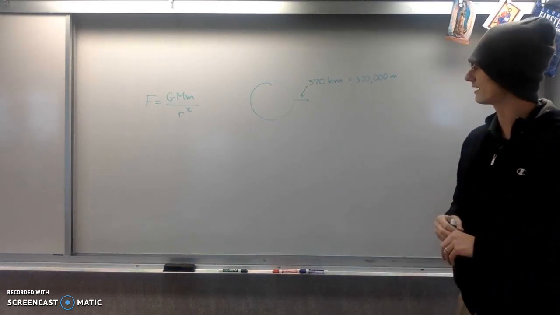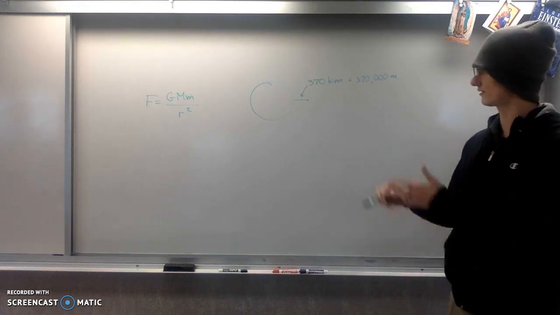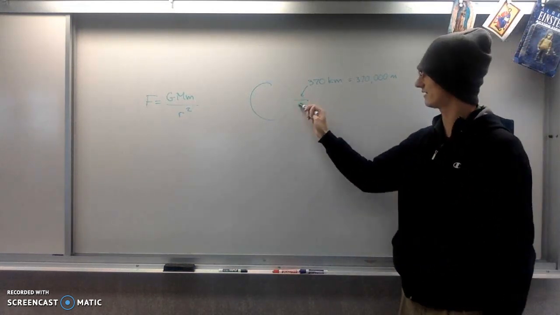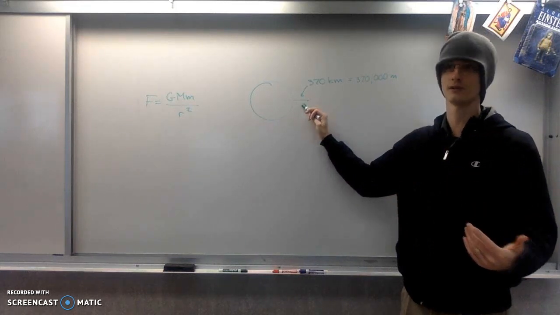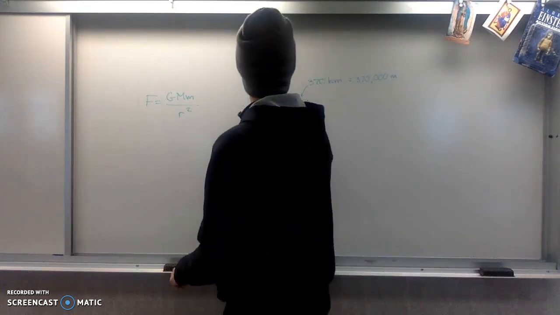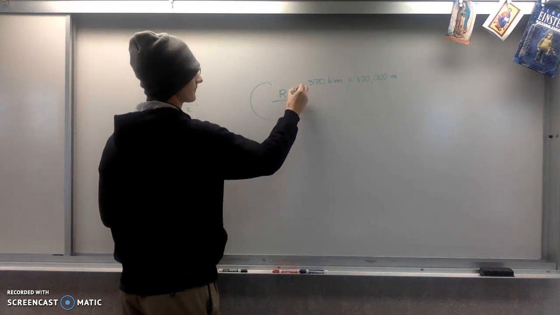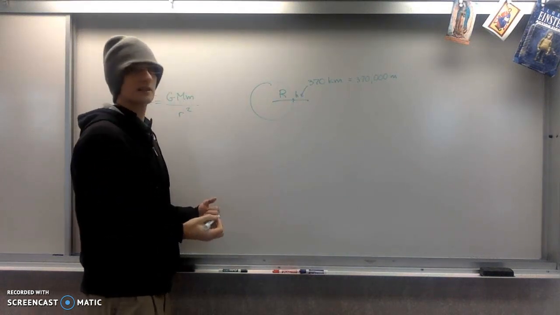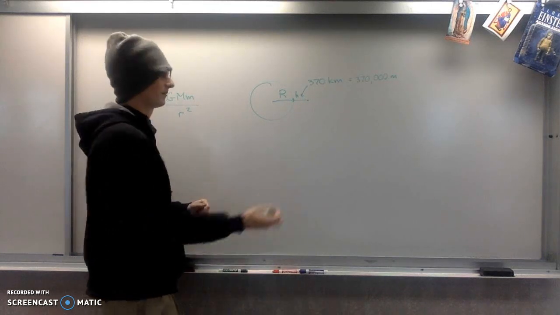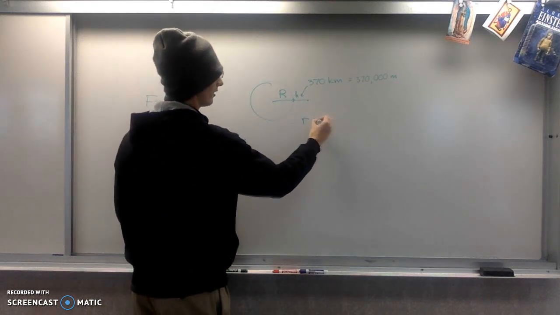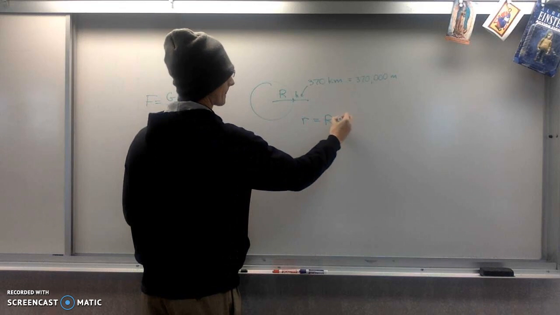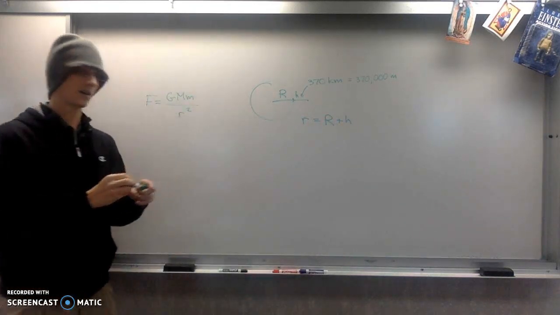The second deception is the fact that they gave you an altitude instead of the center-to-center distance that you actually needed. It's very often going to be the case for satellite problems that r equals big R plus h.